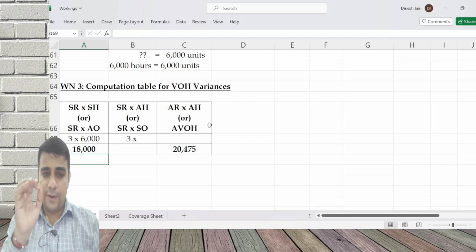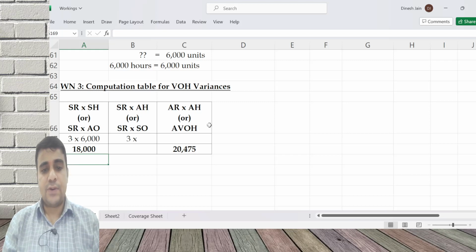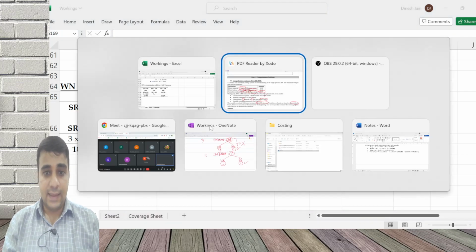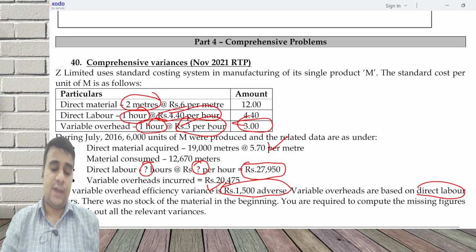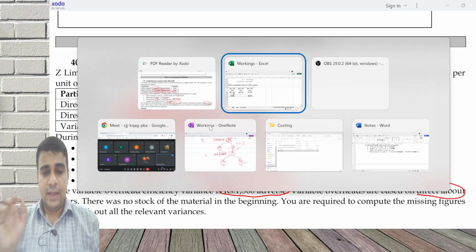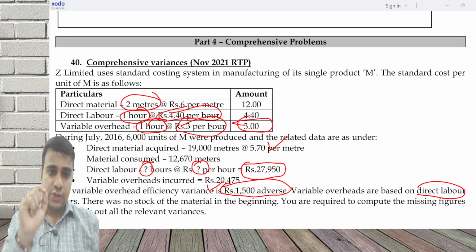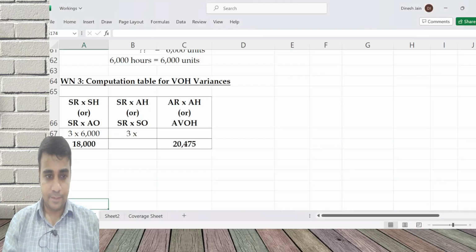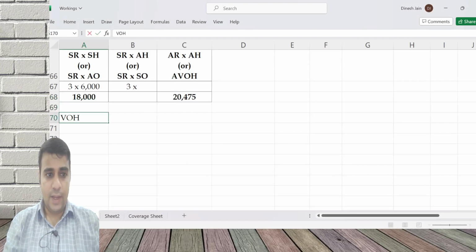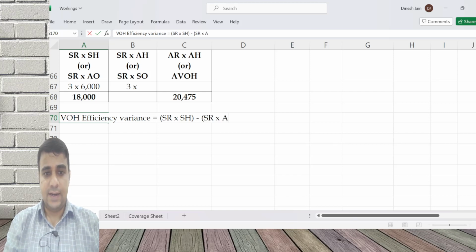There is one piece of information in the question which is going to help us solve this: variable overhead efficiency variance is 1500 adverse. VOH efficiency variance is equal to SR into SH minus SR into AH.